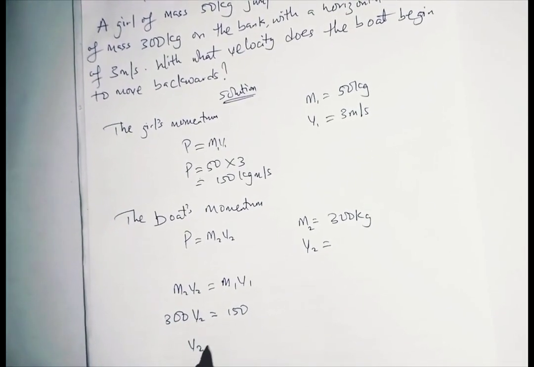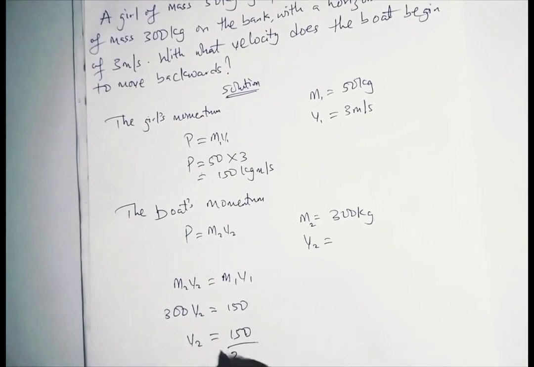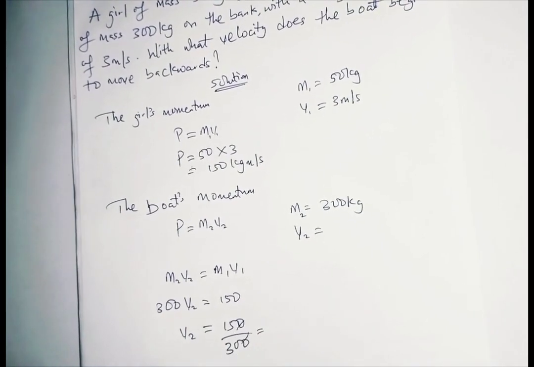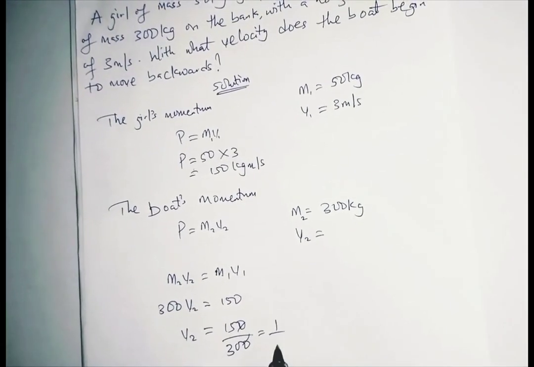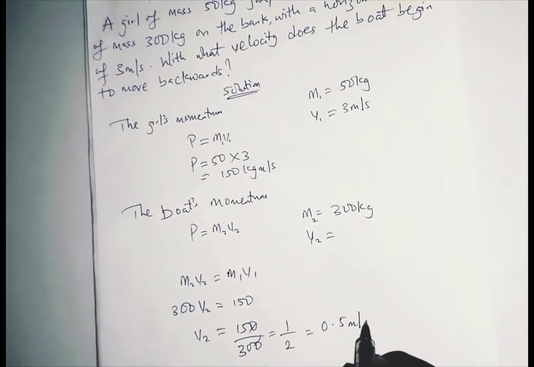So this is the same thing as saying v2 is equal to 150 divided by 300, and this will give us 1/2, which is the same thing as 0.5 meter per second.